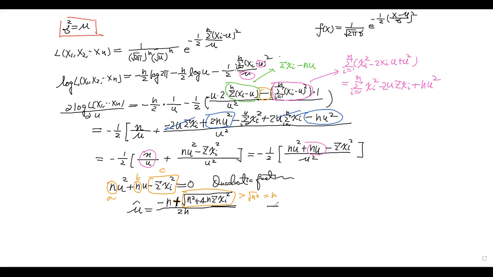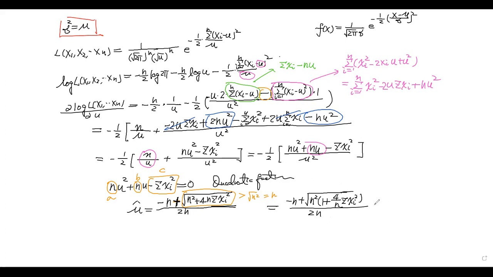Okay, so we're almost there. Now this is 2n, so this is negative n plus, and now I take the n squared out, factor the n squared out, this is 1 plus. Here I only have n, so what I need to do is here I need 4n, then summation xi squared.